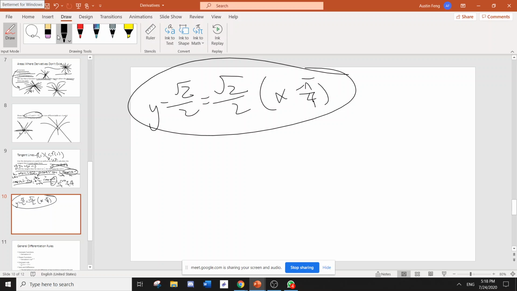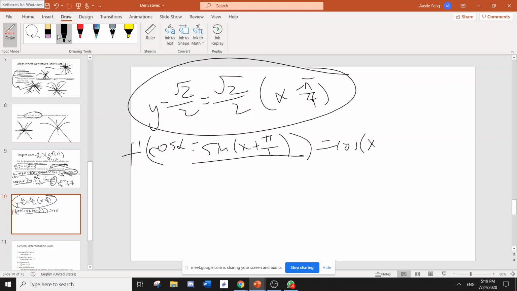Now let's try to find the derivative of cosine x. Cosine x is equal to sine of x plus pi over 2, right? So the derivative of sine of x plus pi over 2, when we take f prime of all of this, we get cosine of x plus pi over 2, because we're substituting x plus pi over 2 for the value of x in sine.